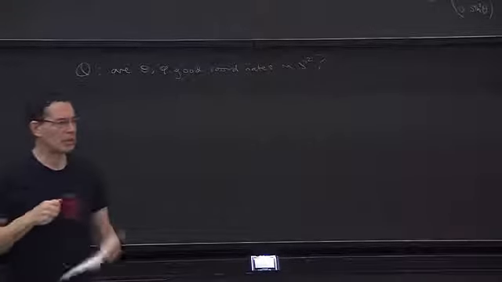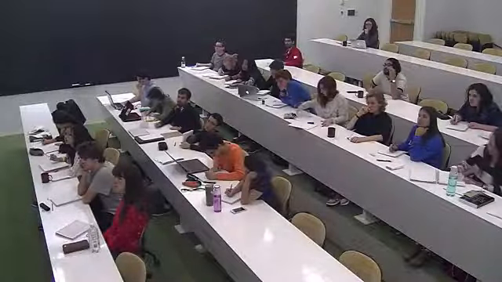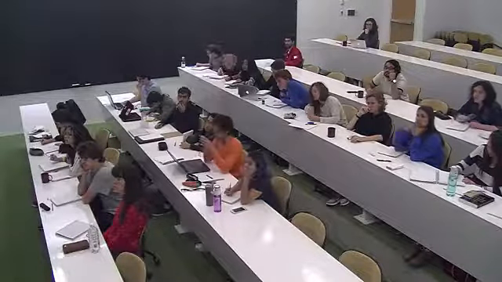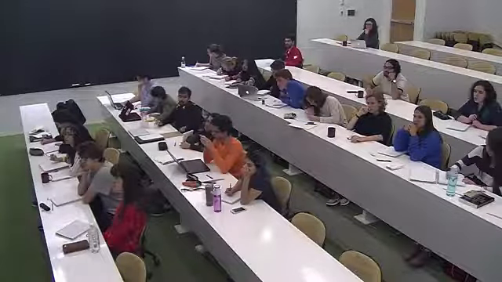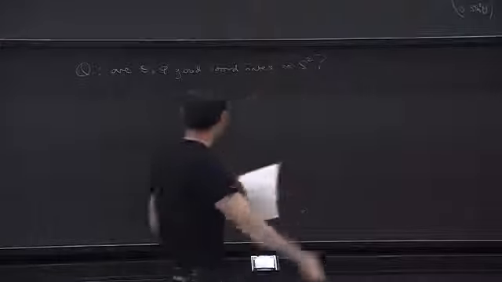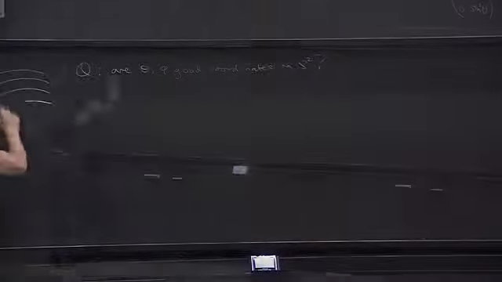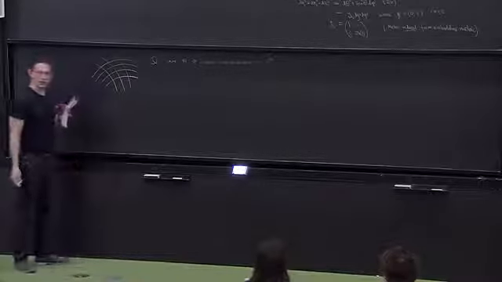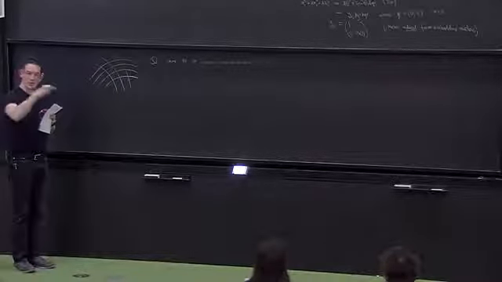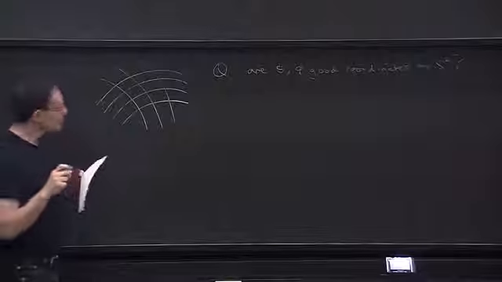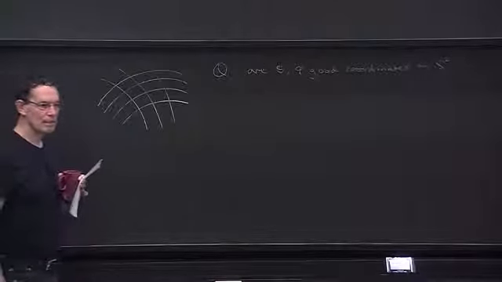What do I mean by good coordinates? I've mentioned this before. You've got some space, and you label it with coordinates. You draw your coordinate lines, like on a map. A good coordinate system is where every point on the space corresponds to one value of the coordinates, 1 to 1. Is that true with theta and phi?